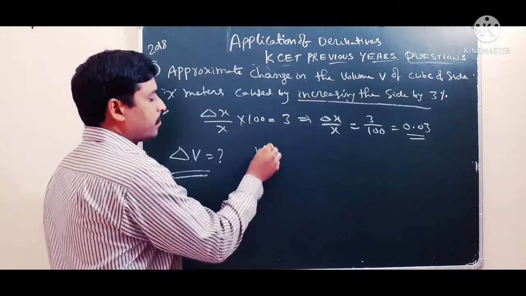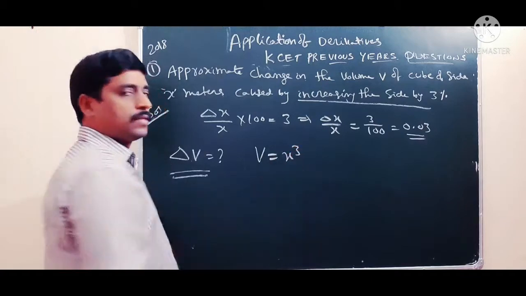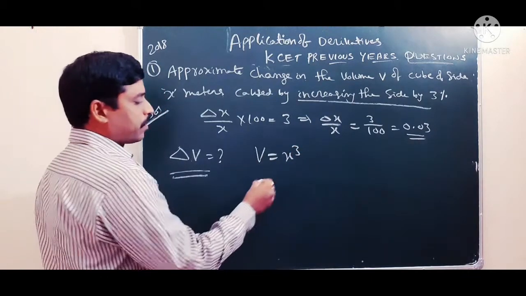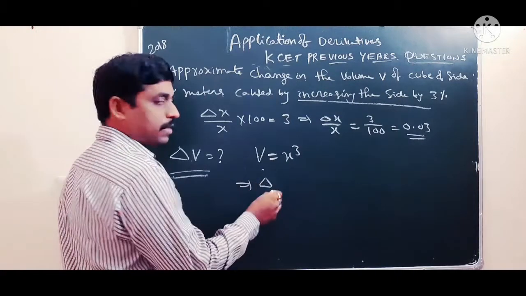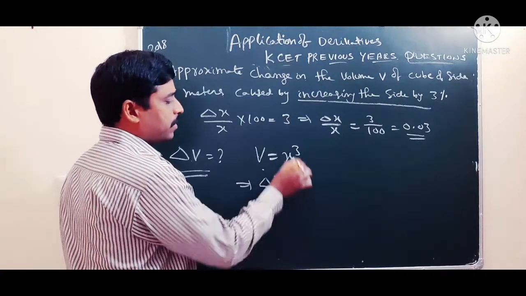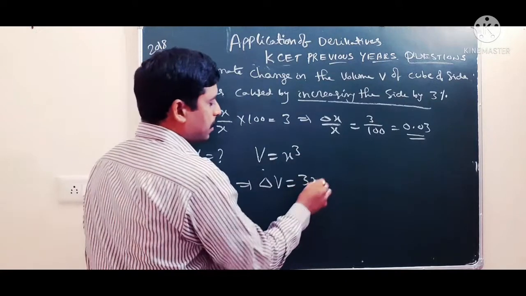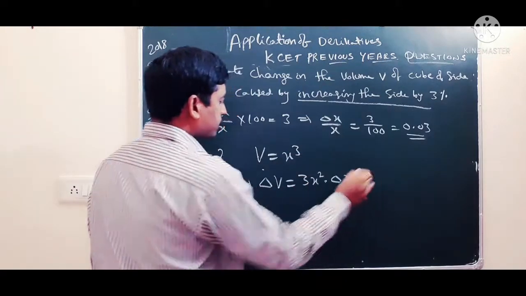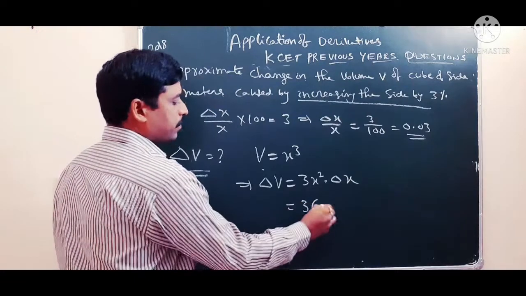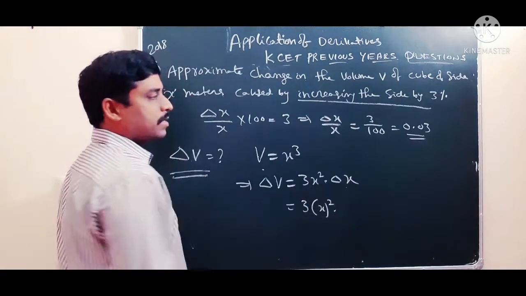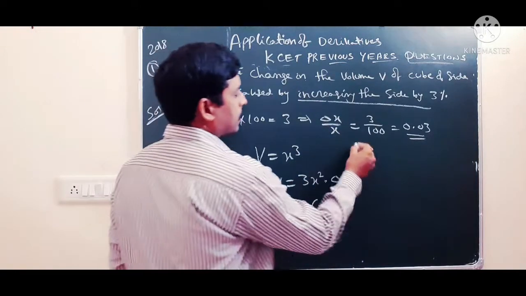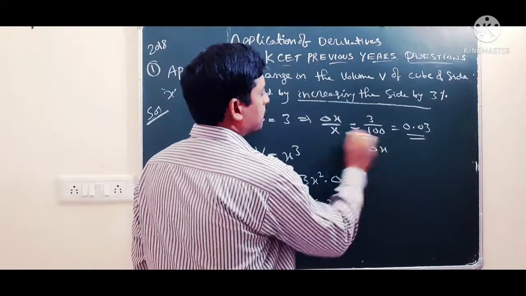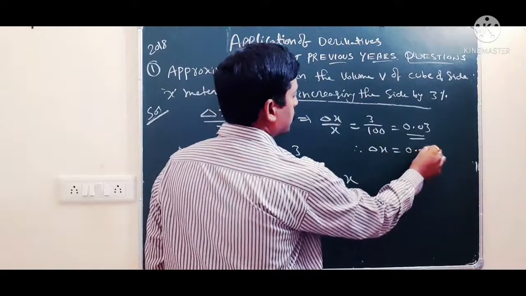We have the volume of cube formula, V is equal to x cube. Now differentiating on both sides, dV or delta V is equal to the differentiation of x cube, 3x square into delta x. So 3 into x square. But from the statement, delta x is equal to, by cross product, 0.03 into x.